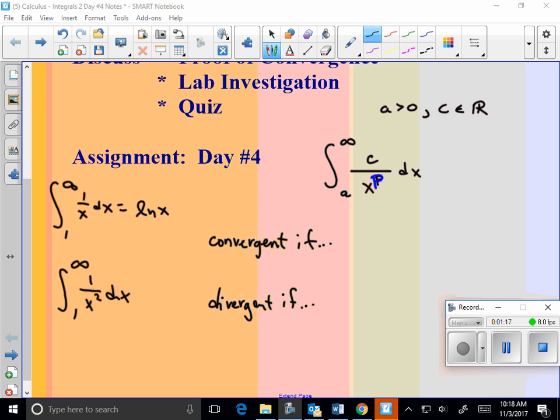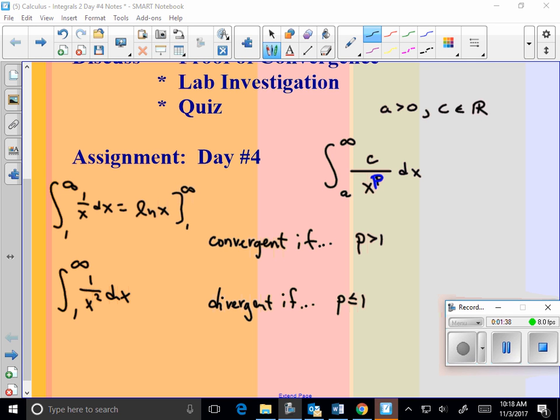Well, and if I send that from 1 to infinity, what's the natural log of infinity? It's infinity. So it doesn't exist. But once I change that exponent to anything that's greater than 1, it could be 1.1, it is now convergent. So it's convergent if p is greater than 1. It's divergent if p is less than or equal to 1.